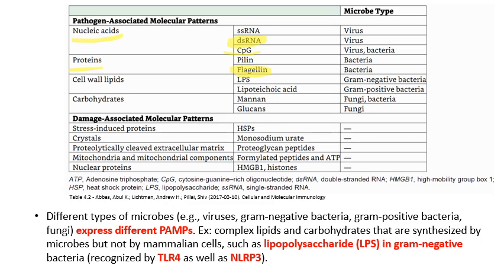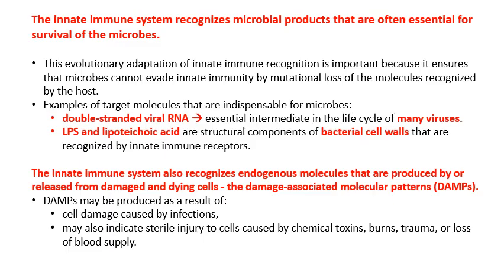Okay. They can detect cell wall stuff, like LPS in case of gram-negative bacteria, lipoteichoic acid in case of gram-positive bacteria. They can also detect carbohydrates, like mannan for fungi, glucans for fungi. So go over this, it is important for the detection. Yes, I will stop here and we'll pick up from this slide on.